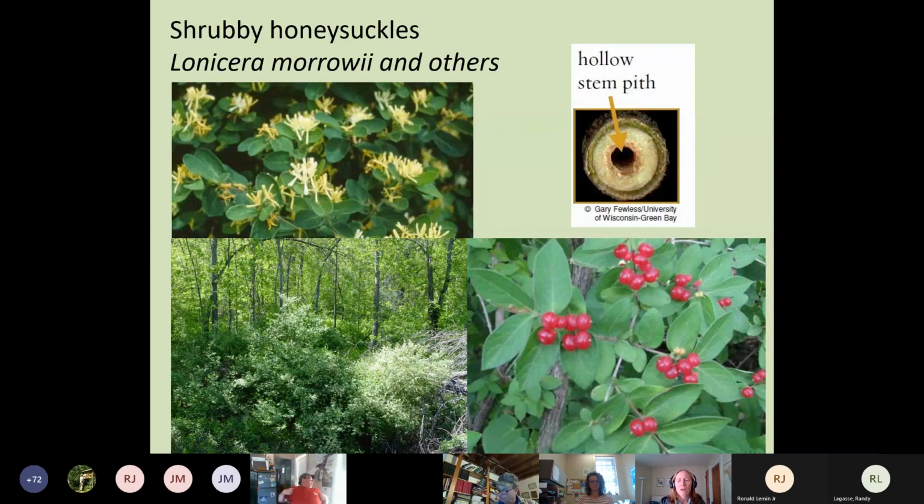But the Tatarian has no or very few hairs, and the invasive honeysuckles have at least a small hollow chamber in the pith. So you do not have to identify these to species for this program. If you want to, make sure you submit pictures because we'll have to verify. So I would suggest not trying to identify these to species for the sake of this program.